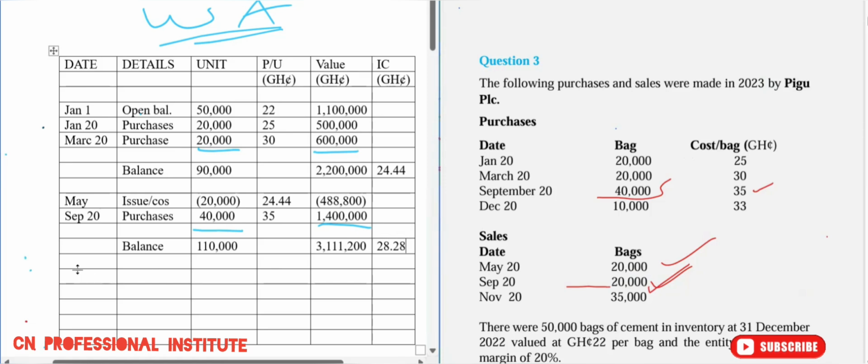Then this is a balance. So let's go and do our September issue. So the September issue, how many did we sell? September, we sold this one. So we sold 20,000 at 28.28.